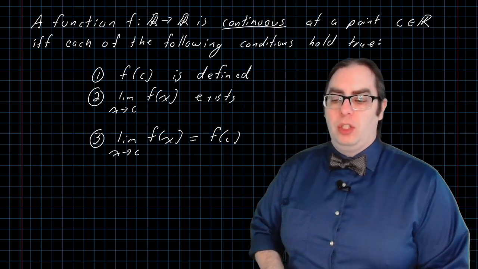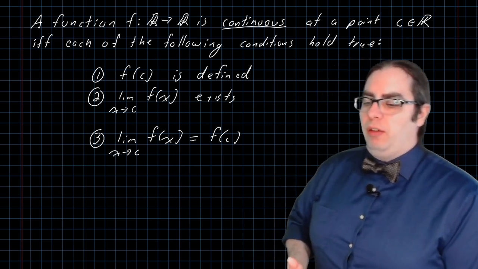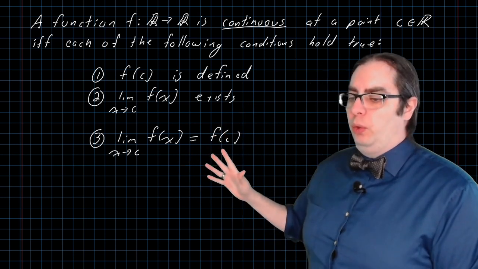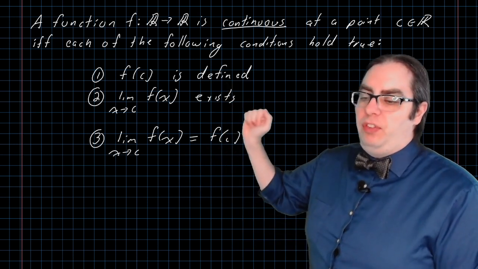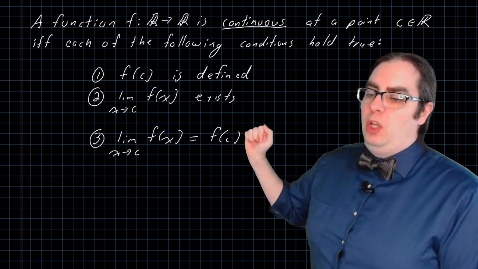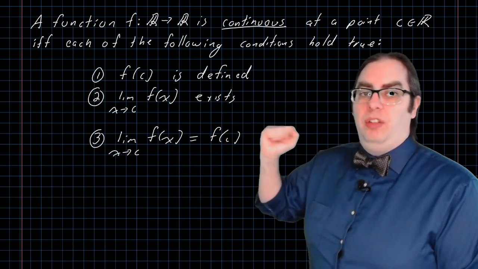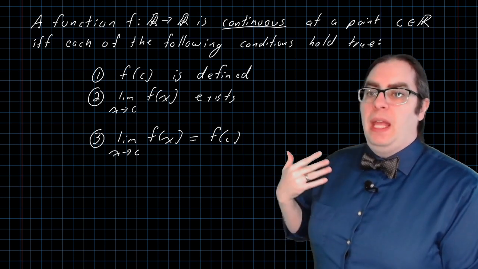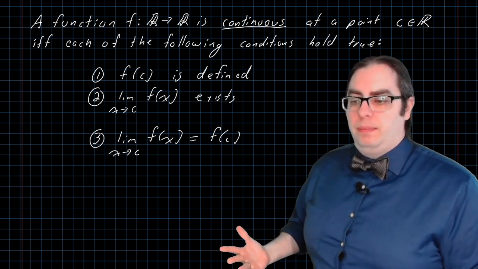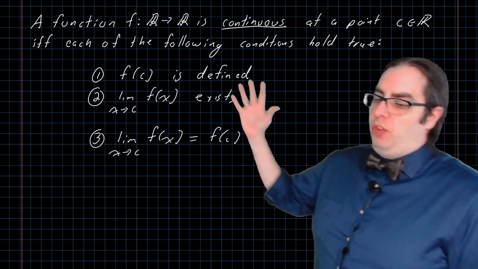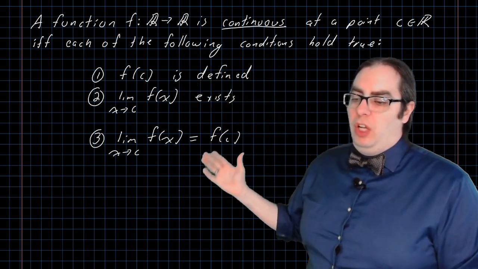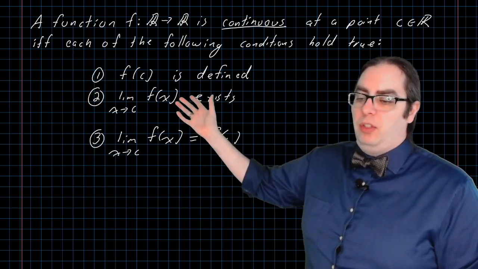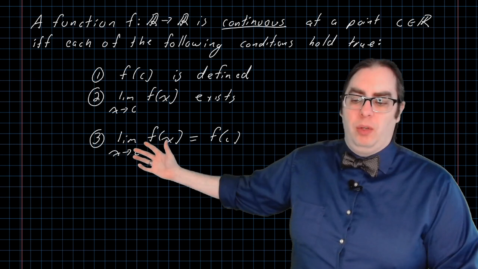So when we're looking at continuity, we're generally looking for which of these three conditions does not hold true. We're looking for places where f of c is not defined. We're looking for places where the limit does not exist. And if we can find one of those things happening, then we're done. But of course, if f of c is not defined, then we don't have a number to put into the equation here. If the limit does not exist, we don't have a number to put into the equation here.